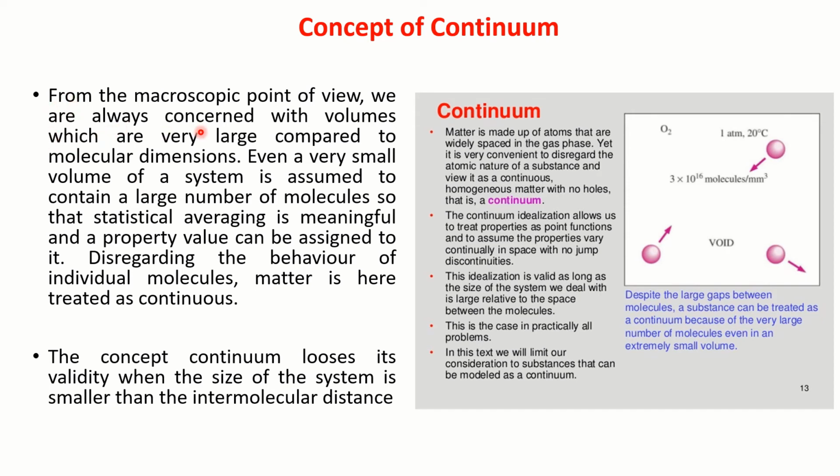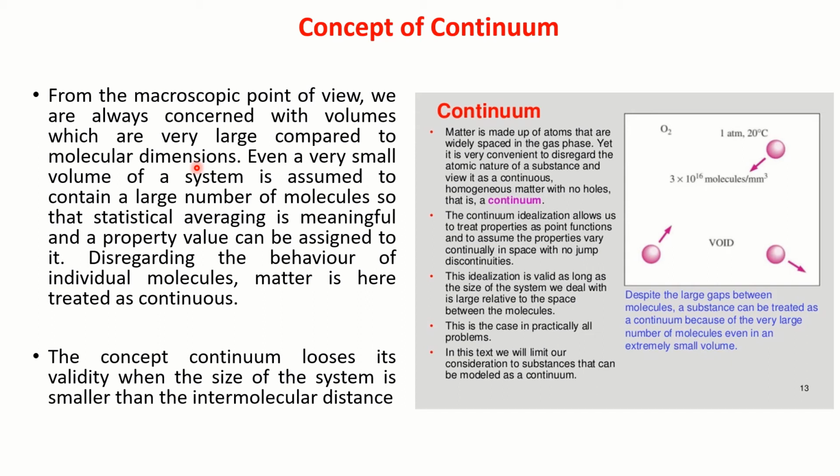In this system, how small the system can be or how big the system should be. From the macroscopic point of view, we are always concerned with the volume, which is very large compared to molecular dimensions. Suppose I choose a system very small, smaller than the intermolecular distance, then inside the system there will not be anything.